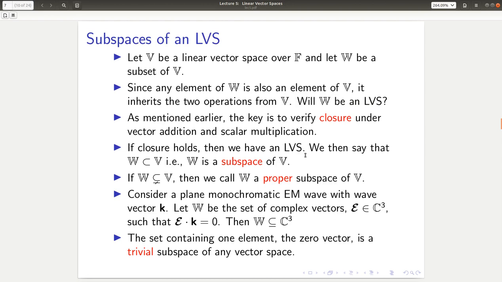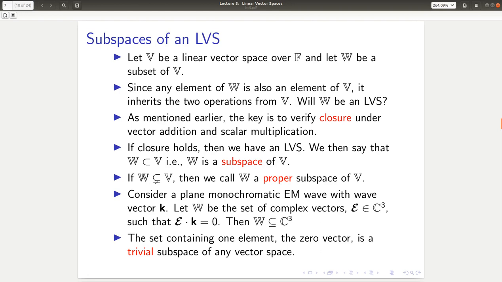You can go back and see if the other 8 conditions hold. That is an exercise for you to show that it holds. Then we use the same notation as subset, W subset of V, but we read this as W is a subspace of V. That means W is a subset and it's also a linear vector space by itself.